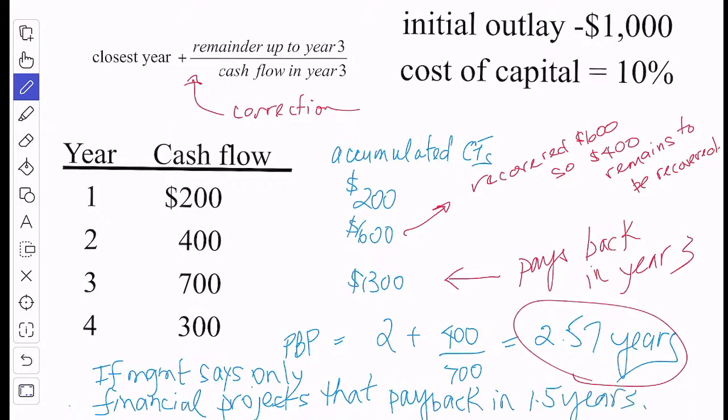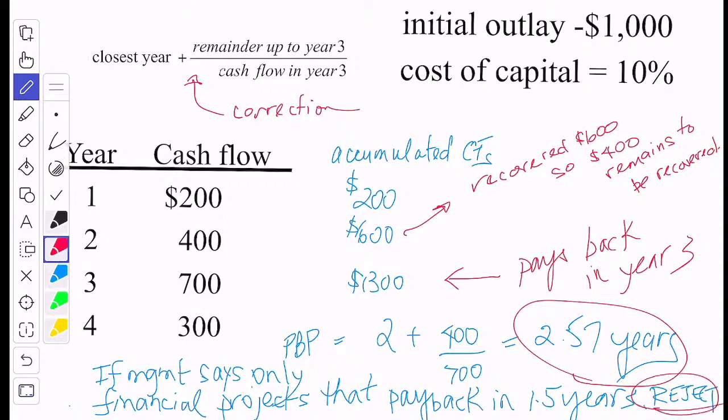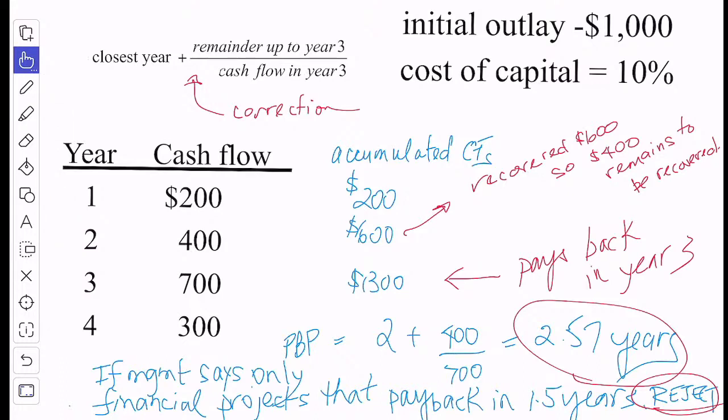If that's the case, then you reject the project. Okay? So it all depends on what is established, and that's going to depend on their other objectives, other priorities. So this is how you calculate the payback period.